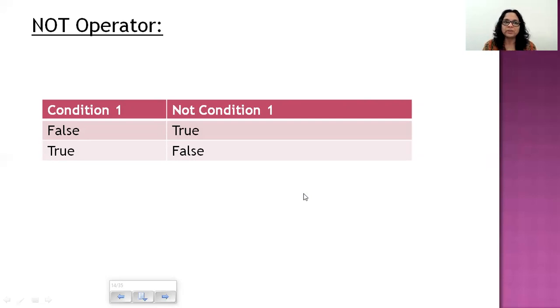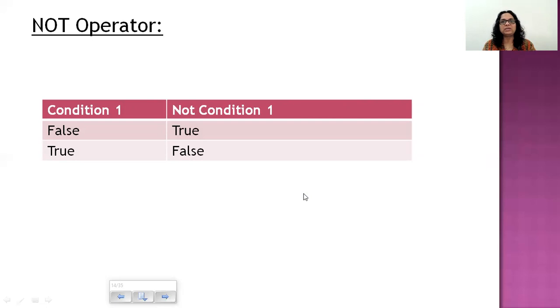Similarly with or. But not is a unary operator. Unary operators only work on a single operand. So when you're using not, you just write the word not followed by the condition.